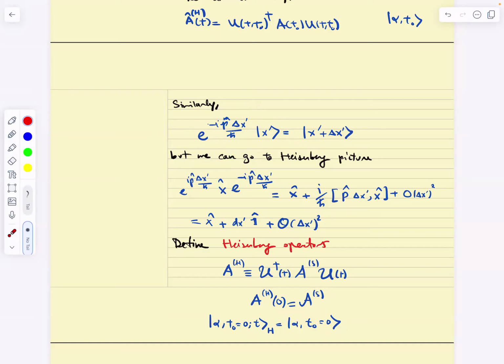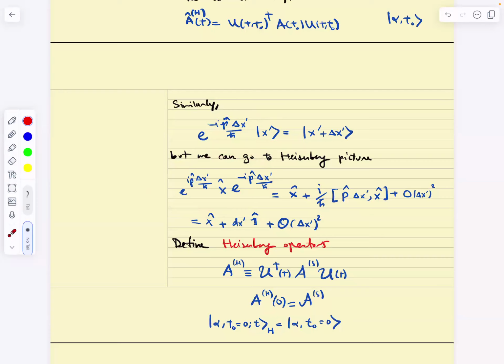P over h bar is the generator of spatial translations. Here, we were working all in the Schrodinger picture, but we could have actually worked in the Heisenberg picture and said that the ket x prime is not evolving. What is actually evolving is your operators, right?